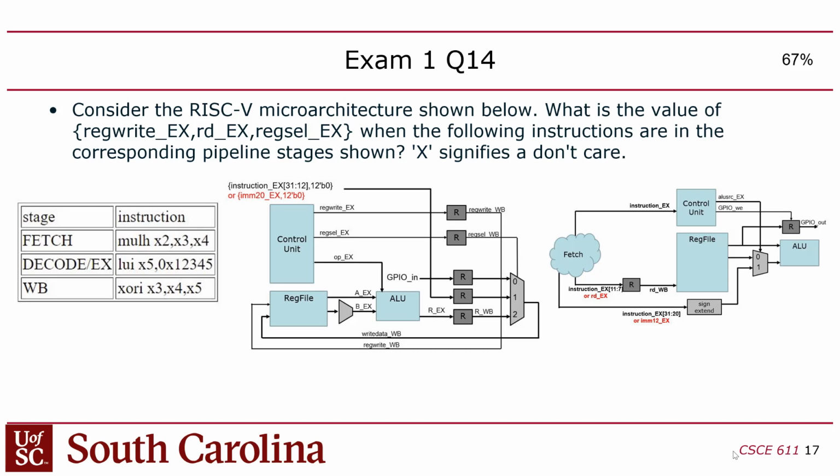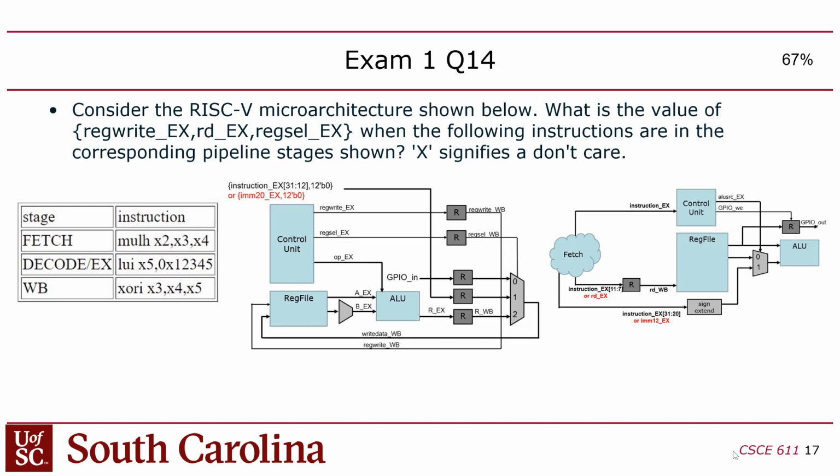Reg select. Okay, again, it's referring to the LUI. So the reg select should be, where is that? Reg select is here. That's determining what actually gets written. Because it's the LUI, we're going to choose input number 1 because that's the immediate value, right? So that should be 1, but it's 2 bits, so that should be 0, 1, right?